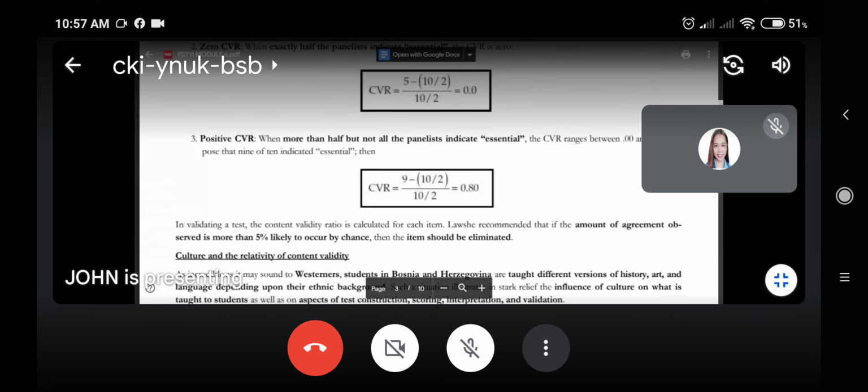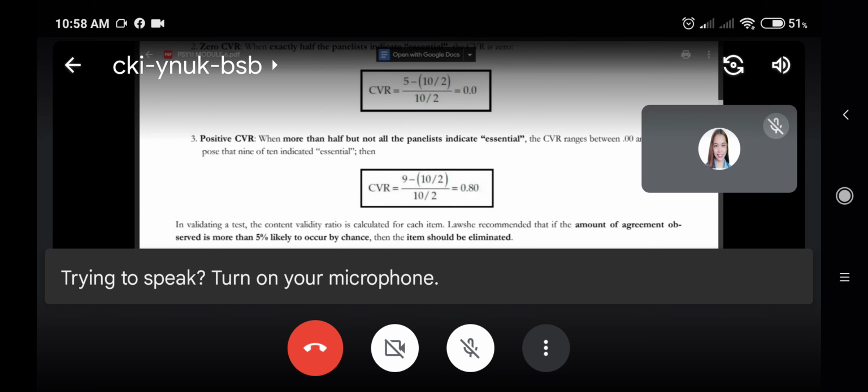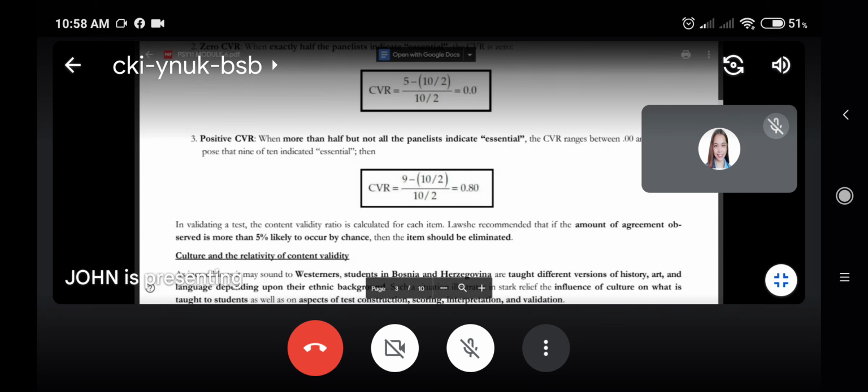Kung mababa yung chances that that particular item will be agreed to be essential, so it means that you must be removing that. Kung nakikita mo na may pumipili ng essential, may pumipiling hindi, ganun. So, again, you will be removing that.